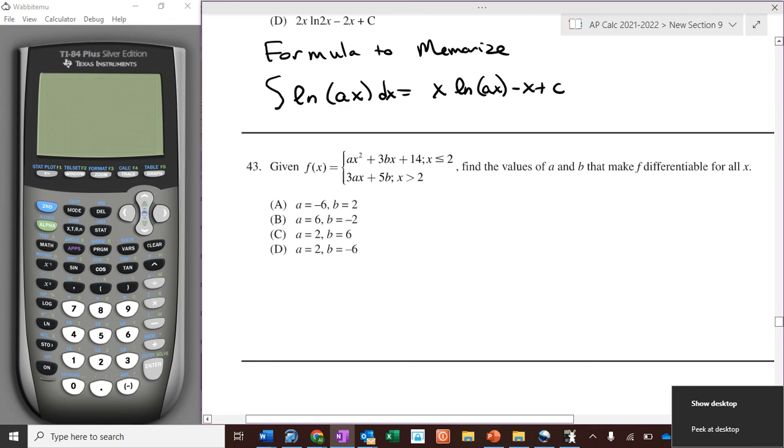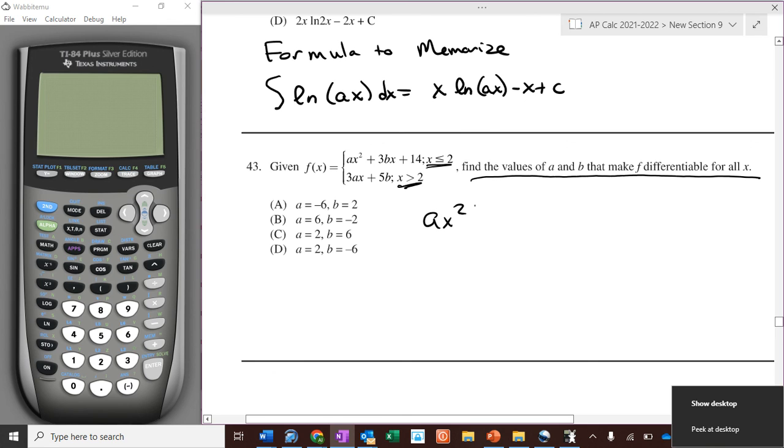Okay. For this one, 43. Now, find all values of a and b that make this differentiable. To be differentiable, what do we need to have happen when we had these piecewise functions first semester? They had to be equal at 2. Okay, so you set them equal to each other.